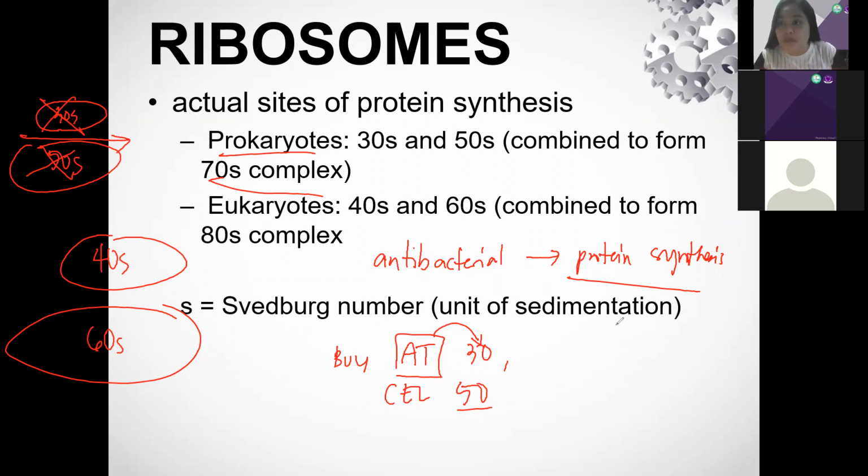All of them inhibit the 50S ribosomal subunit. And then L is lincomycin. Again, L is lincomycin, which is another group of antibiotics, pero parehas sila ng mechanism of action of the chloramphenicol and the macrolides. So example of our lincomycin is the clindamycin.